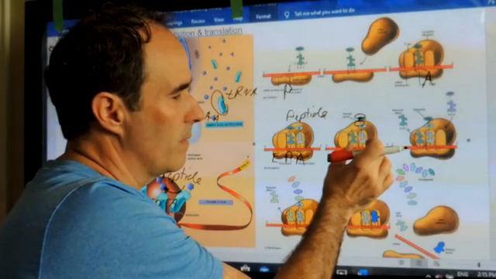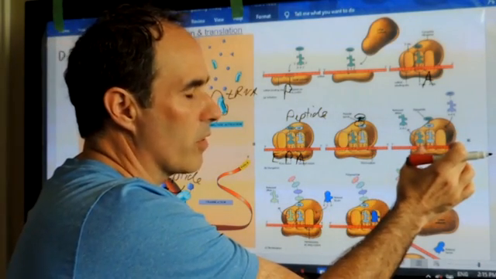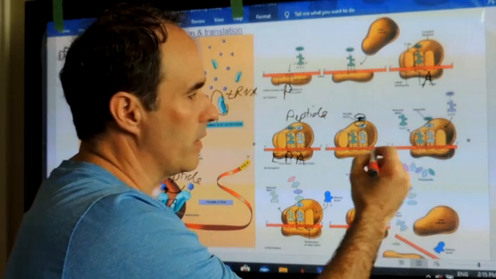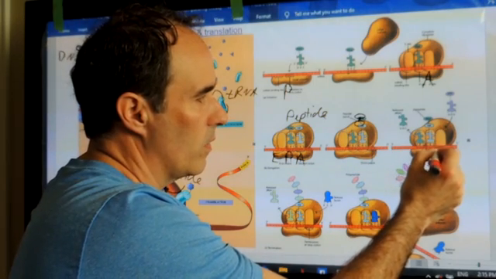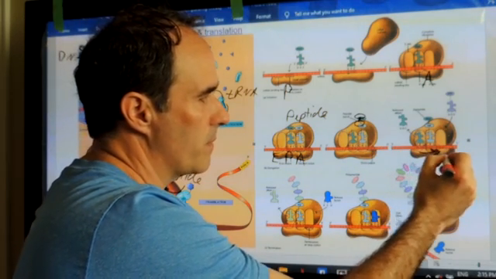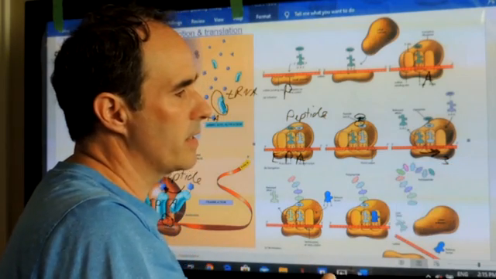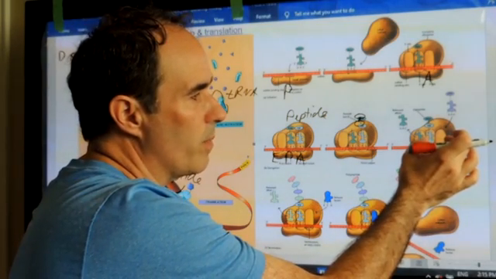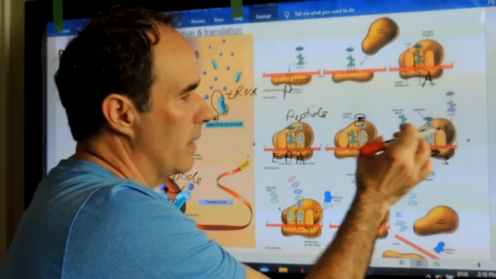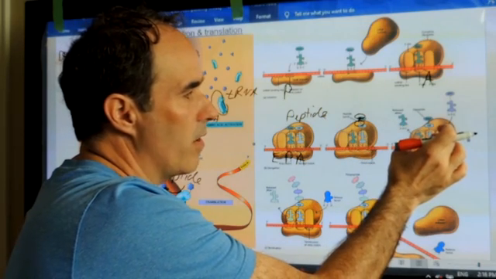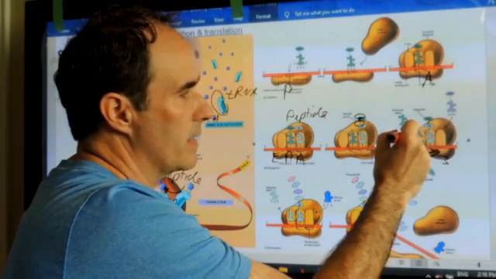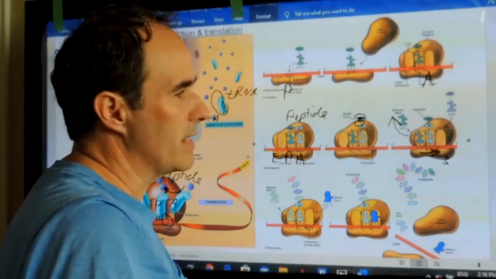Once that happens, the whole ribosome moves 3 nucleotides, 1 codon. So the ribosome is moving 3 steps, 3 nucleotides. That leaves site A open again. The tRNA that was in site P gets ejected. That's why it says E.